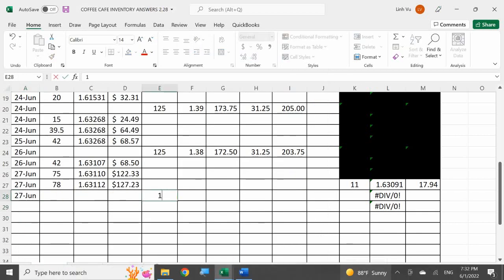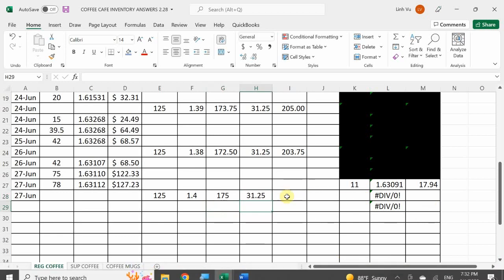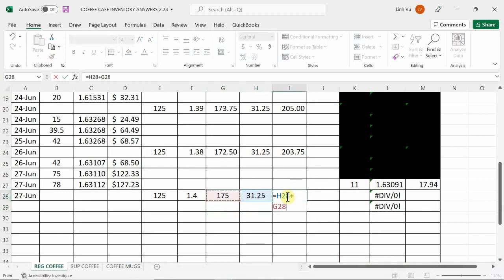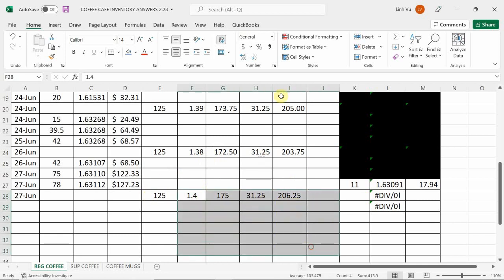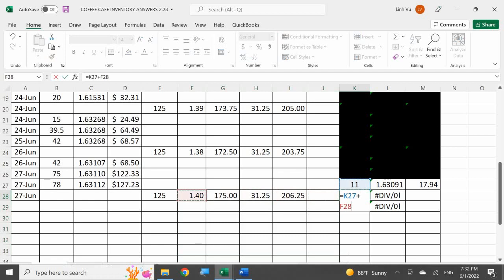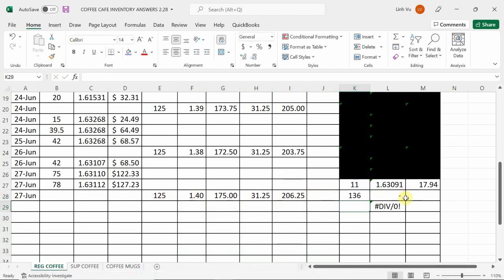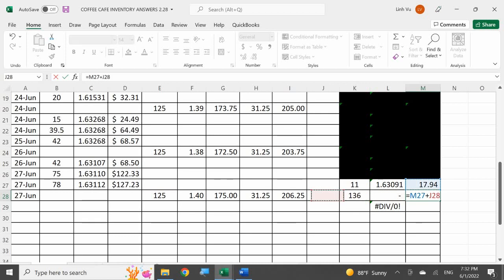And we purchased 125 pounds of the coffee for $1.40, which gave us $175 plus $31.25 of freight, gave me a grand total of $206.25. So when I add these two together, I no longer have 11 pounds. I now have 136 at a grand total cost of $224.19.